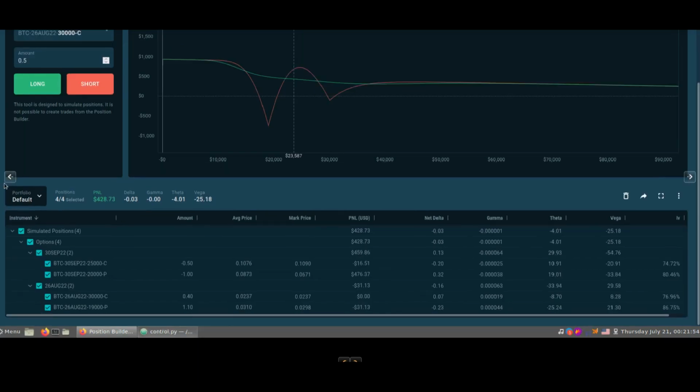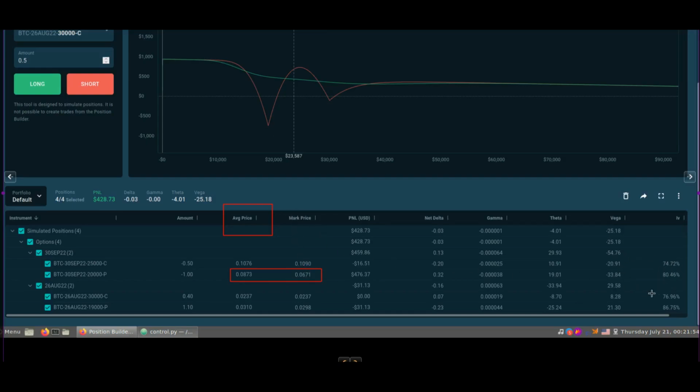Let's take a look at the first picture. Let's take this P&L as zero P&L, because when I created this position, the average price of the main sold option was too far from the market price.